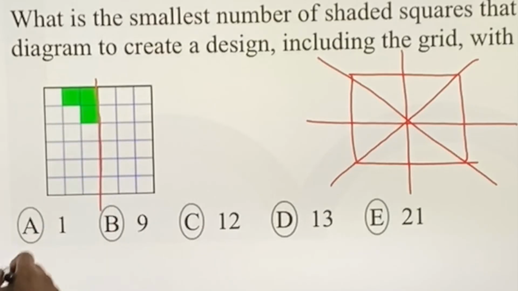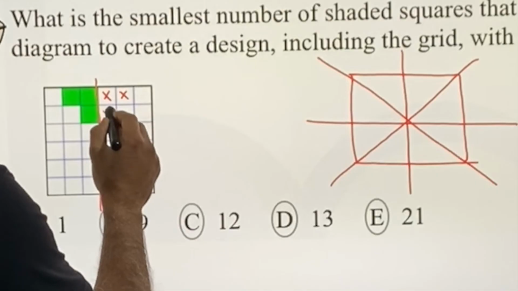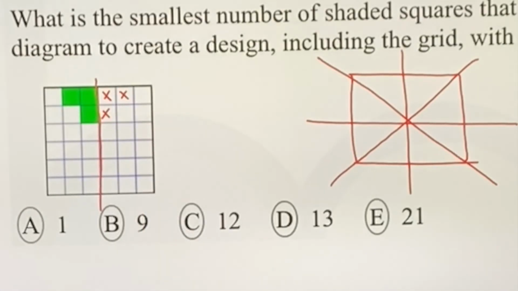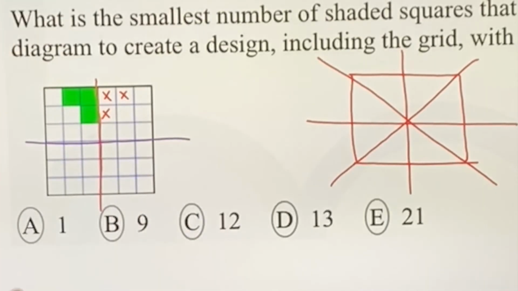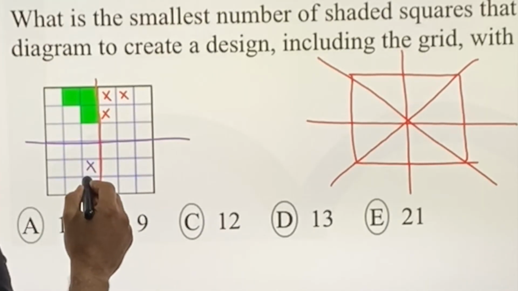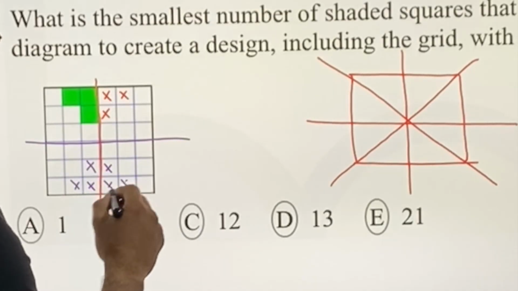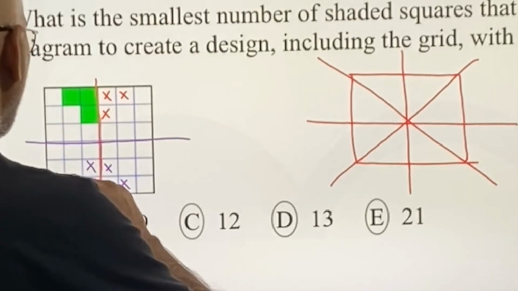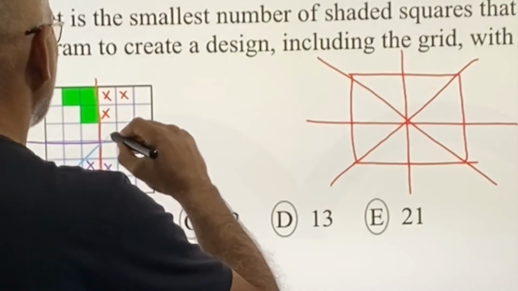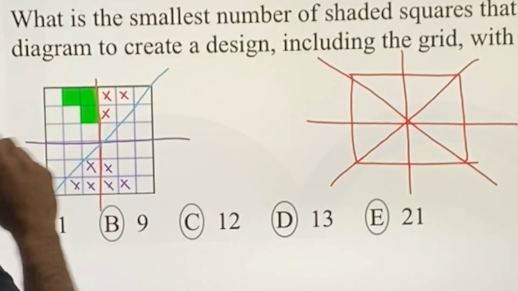To make this an axis of symmetry, I can see that I need to add one here, and one here, right? All right, next. If I want to make this an axis of symmetry, I need to add here, here, here, and here, here, and here, right? Okay, next. If I want to make this an axis of symmetry, where do I need to add the shading?